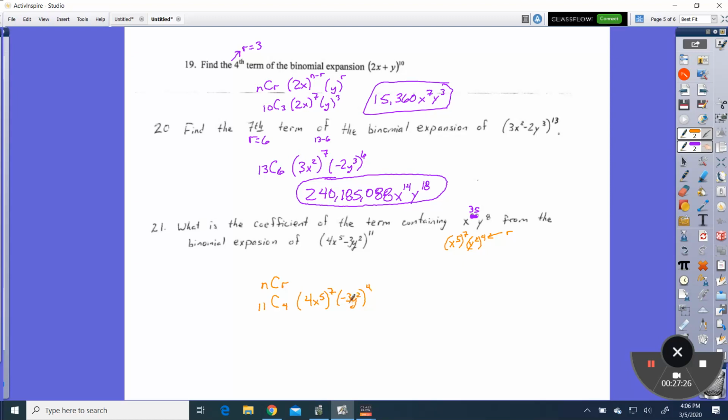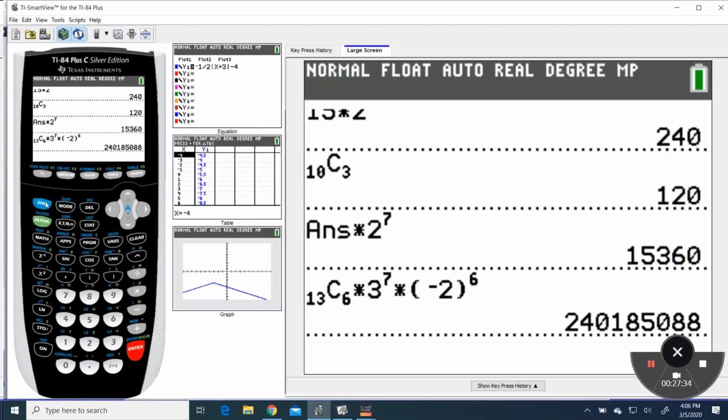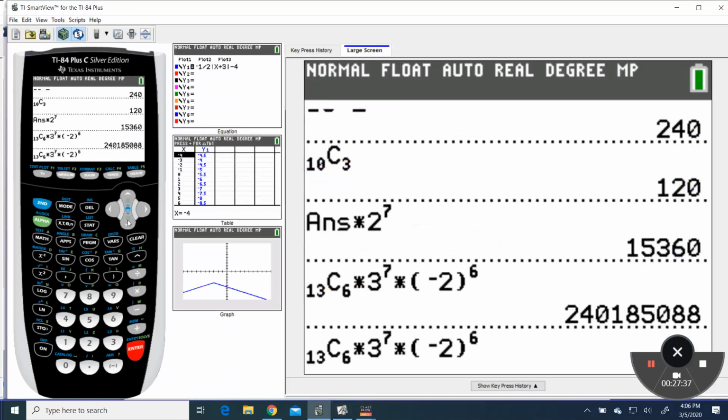So now it just wants the coefficient, because I know that it's going to be x to the 35th, y to the 8th, but it's just after the coefficient. So I can come back to my calculator, hit second enter. I don't know if this is going to be faster or not. So I'm back at the beginning.